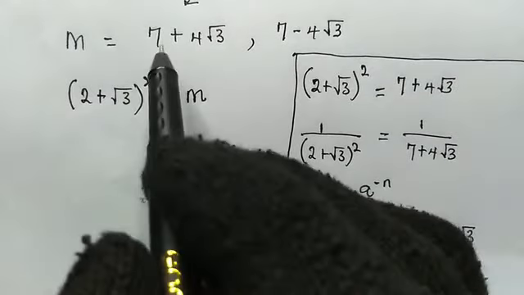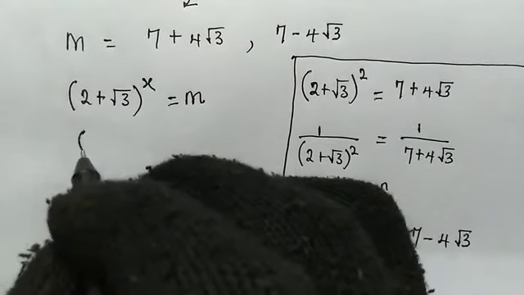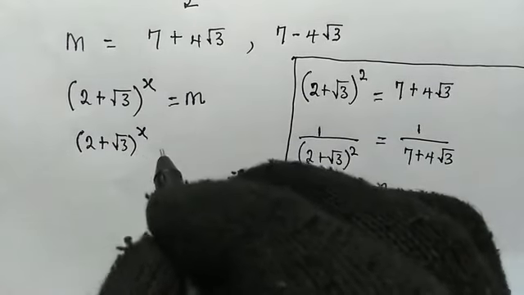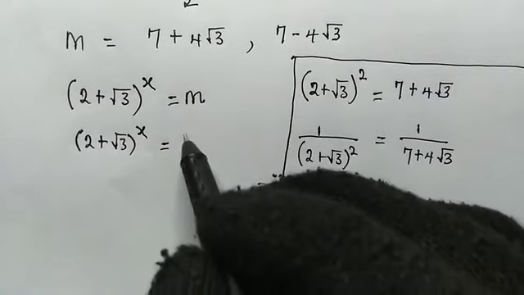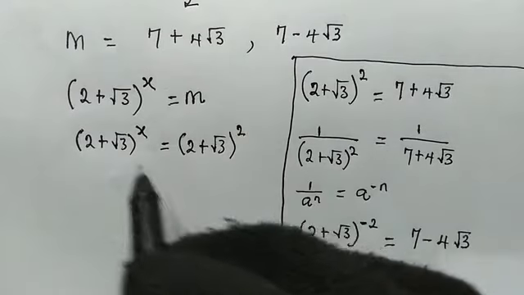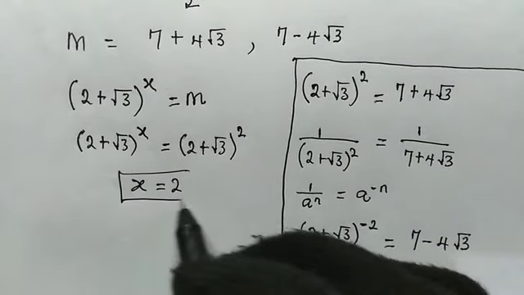So now, let us solve for x. Remember, when m equals 7 plus 4 root 3, we have 2 plus root 3 raised to the power of x equal to 7 plus 4 root 3, which is the same as 2 plus root 3 squared. We have the same basis, so we can equate the powers, and here we found a solution.